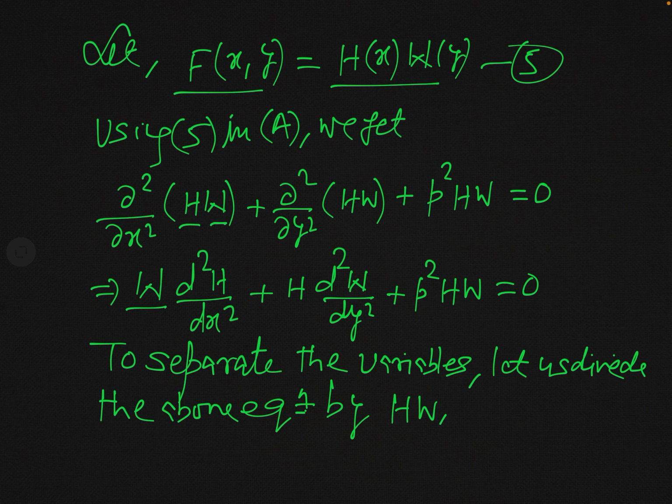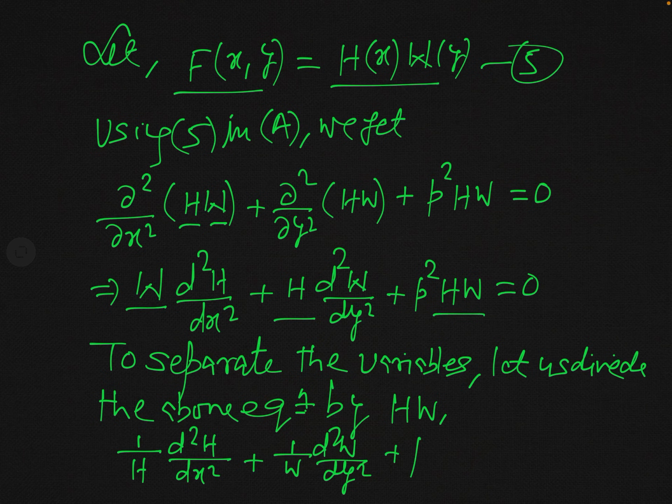You can see here this w will be cancelled out and h will remain. So this is 1 over h d2h over dx square, plus in this second term h will cancel out, and in the denominator there will be w. So this is 1 over w d2w by dy square, and plus here hw will cancel out, so this is plus p square, and that is equal to 0.